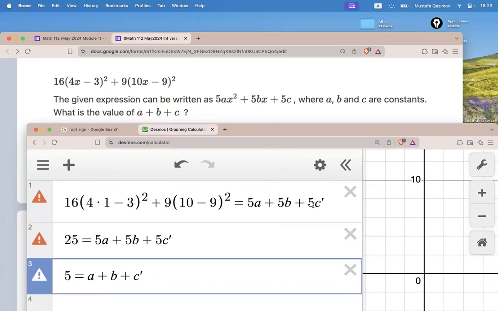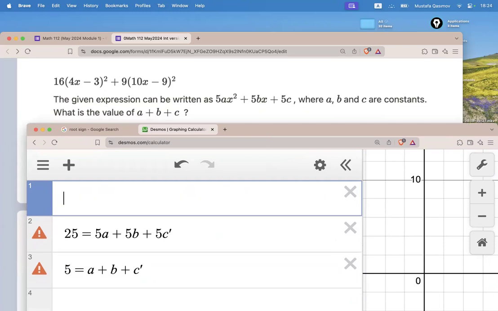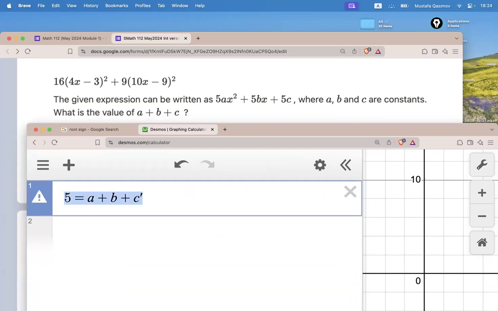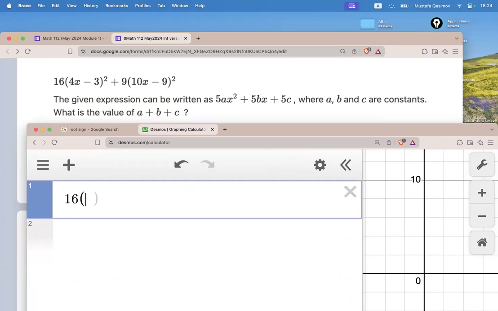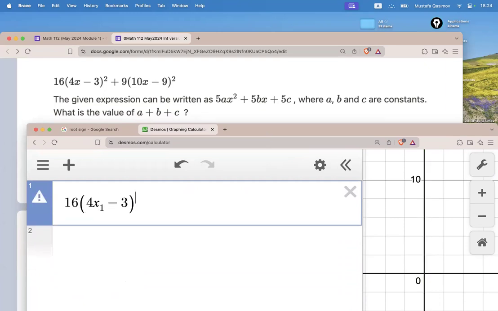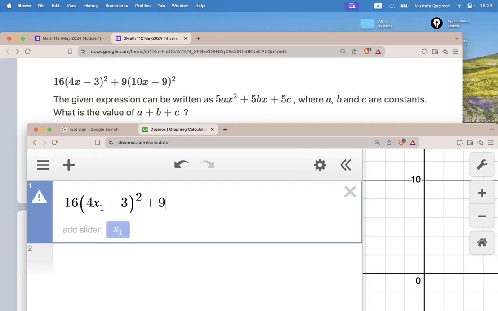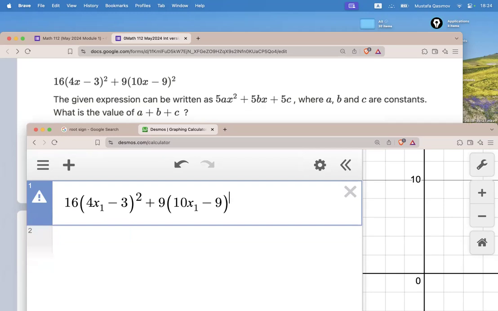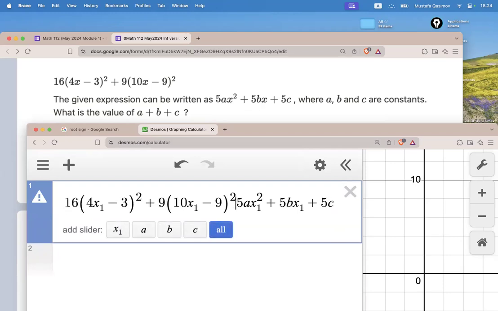Okay. And we can also use Desmos for this question. For example, like that: 16 multiplied by (4x1 minus 3) squared plus 9 multiplied by (10x1 minus 9) squared is equal to 5a x1 squared plus 5b x plus 5c. Then use this sign.